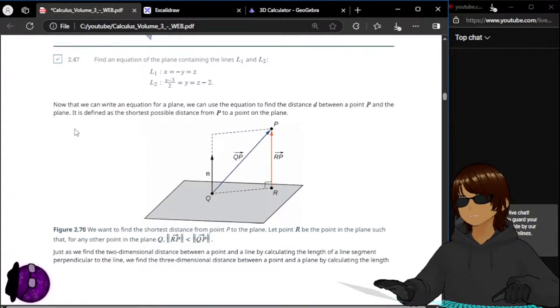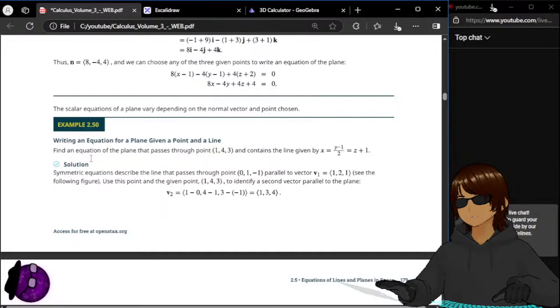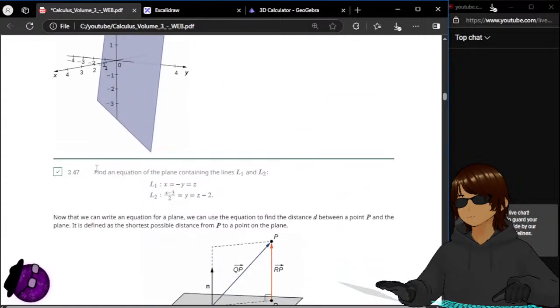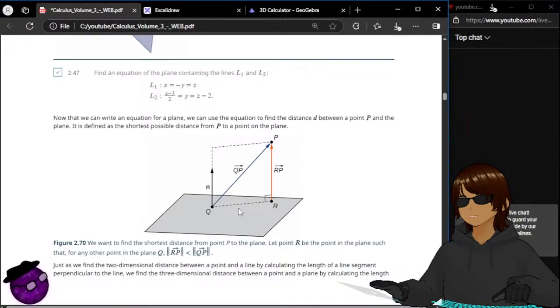Okay, so this is example 2.5. Now that we can write an equation for a plane, we can use the equation to find the distance d between a point P and the plane. It is defined as the shortest possible distance from P to a point on the plane.